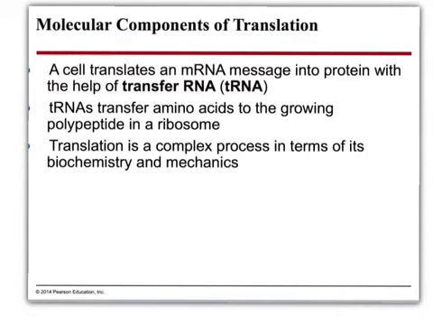So if the codon is AUG on the mRNA, what's the anticodon going to be on the tRNA? UAC, right? Why is it UAC? Complementary base pairing. We're still going by Chargaff's rules of complementary base pairing, right? So A to U, and C to G.